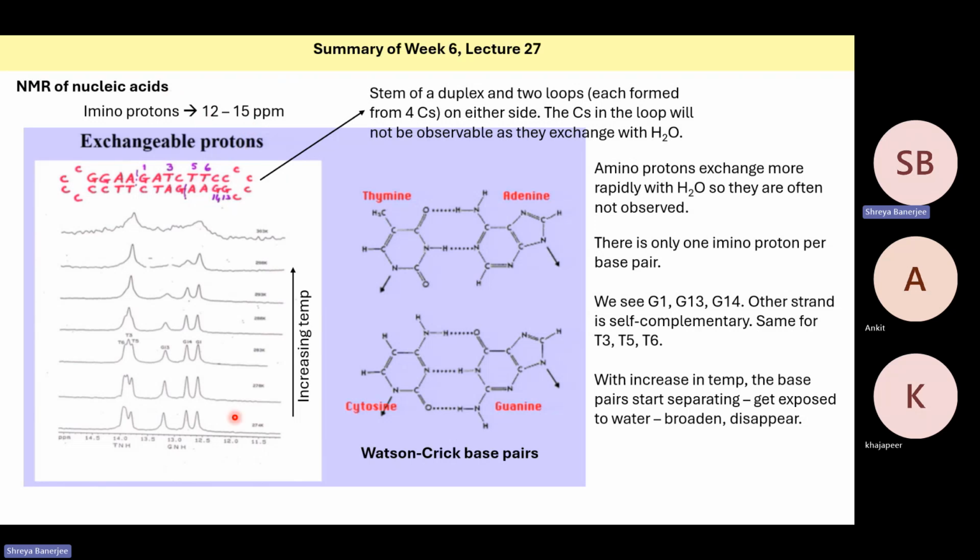So first of all, we are taking this spectra in water. So the cytosines will be able to exchange protons with the water. And we have seen that NMR signals for protons which are very much exchangeable, like carboxylic acids or alcohols, are often not observed if the exchange rate is too high.